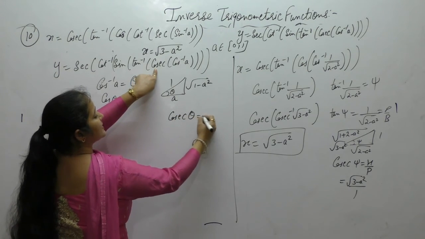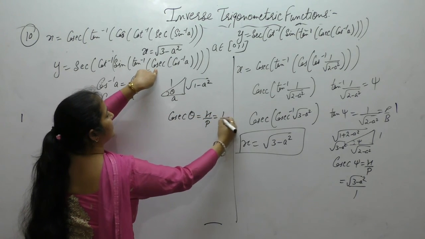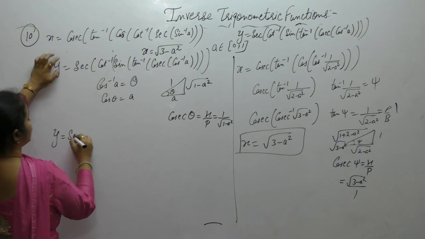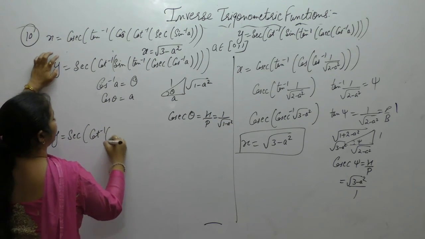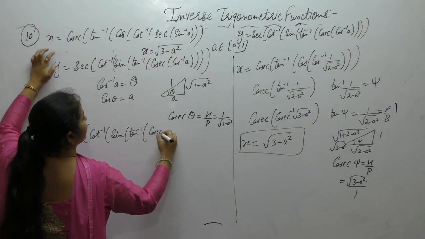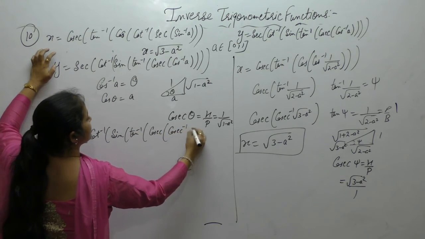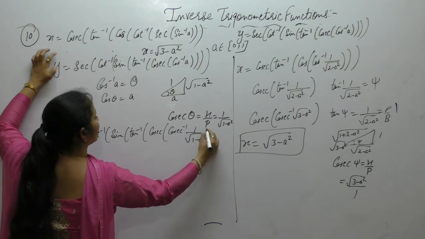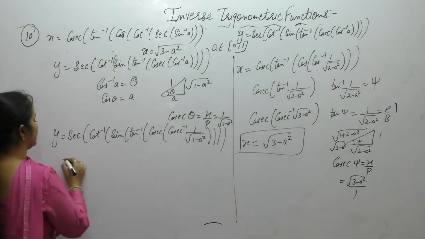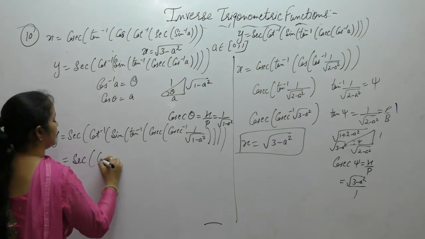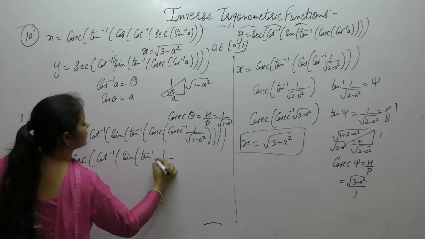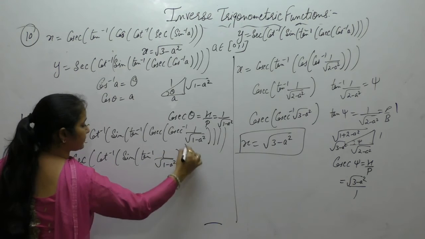So cosec is H upon P. So put the value, y is sec cot inverse sine tan inverse cosec cosec inverse 1 upon square root of 1 minus A square. Cosec and cosec inverse will get cancelled. So y is sec cot inverse sine tan inverse 1 upon this.